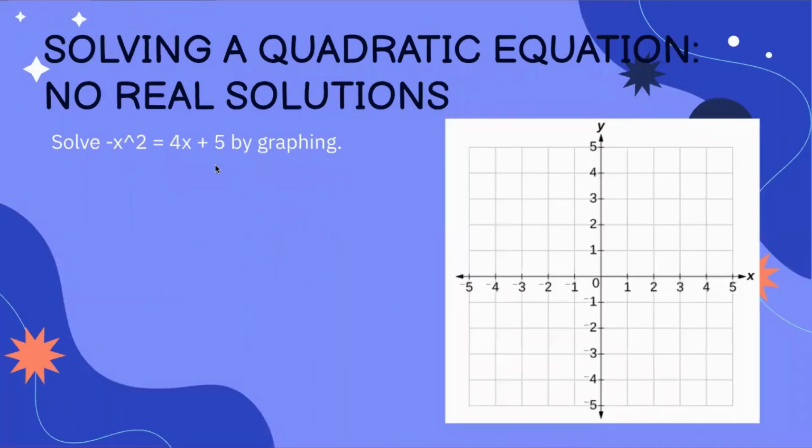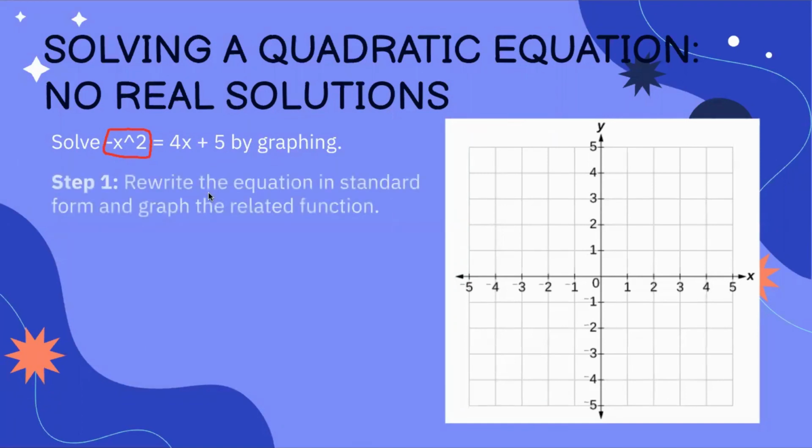Here is an example for us to try. We're going to solve -x² plus 4x plus 5. Looking at our equation, we notice that it's actually set to -x². So to make our equation set to 0, all I have to do is add x² to both sides.